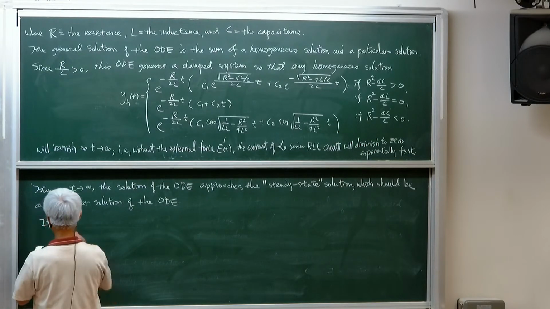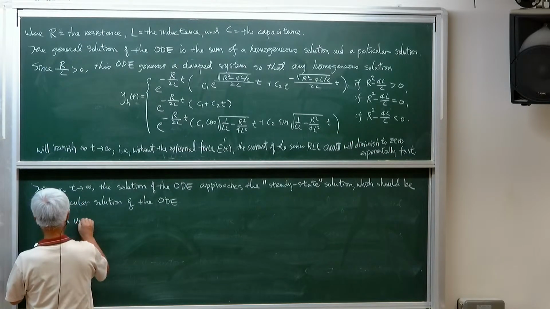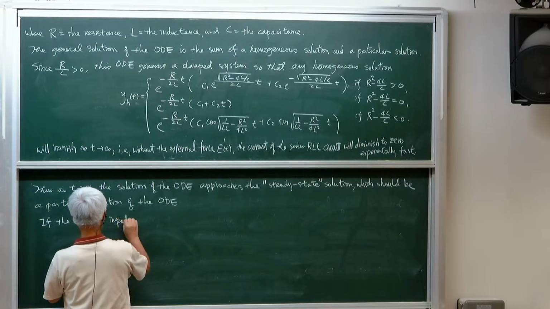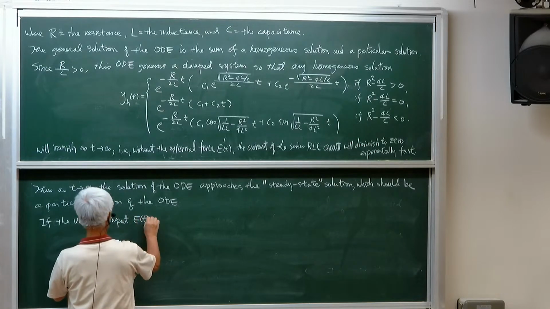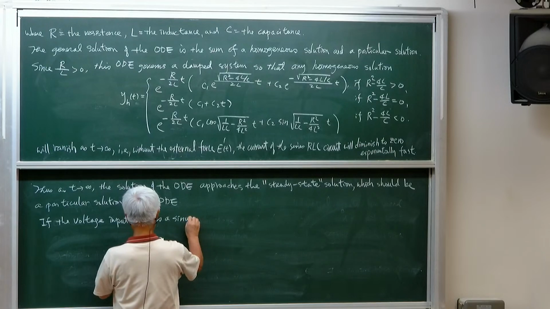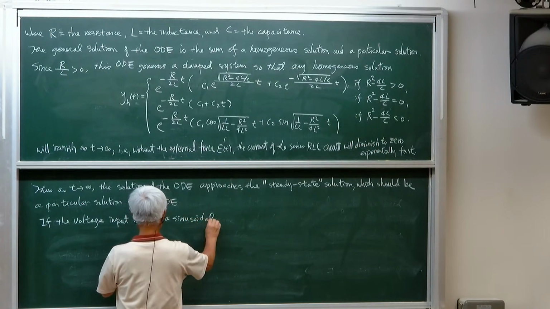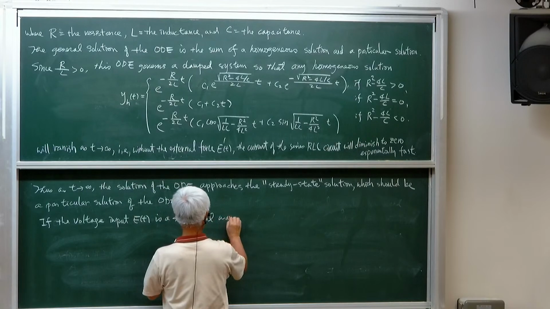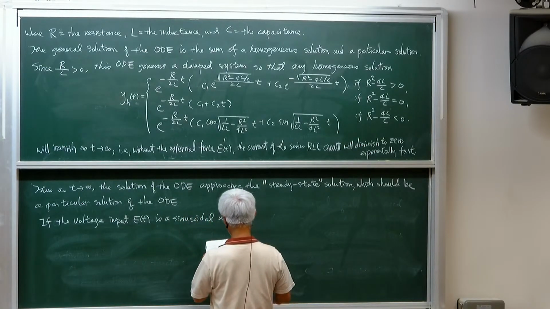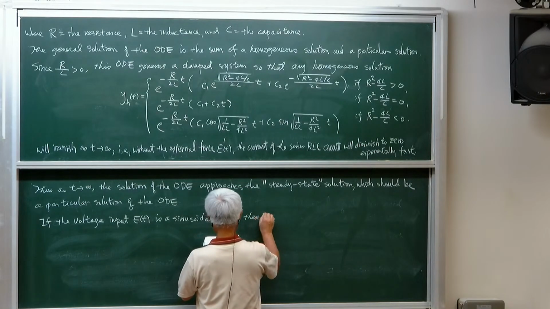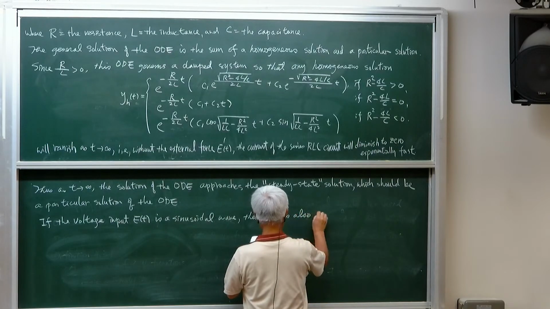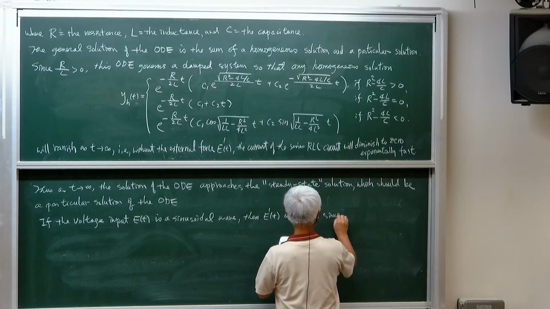So if the voltage input E of t is a sinusoidal wave, then E prime of t is also a sinusoidal wave, right?